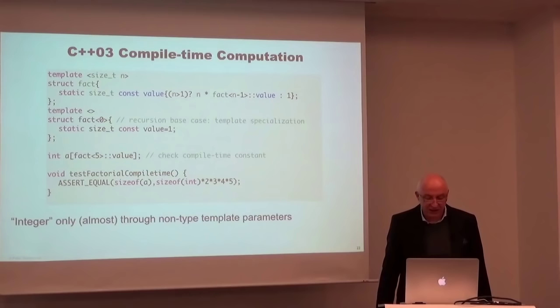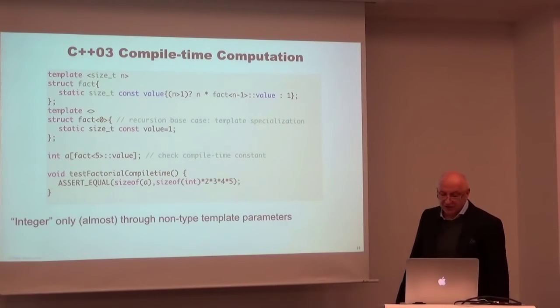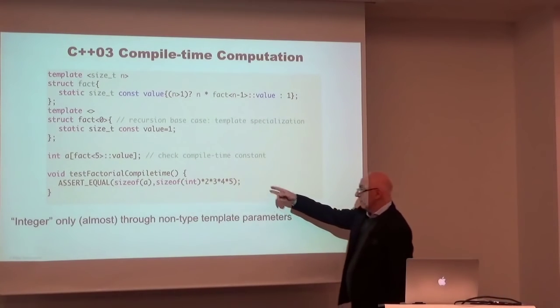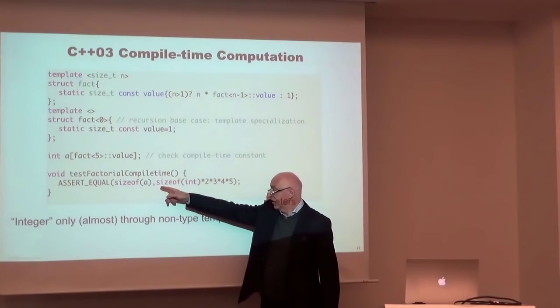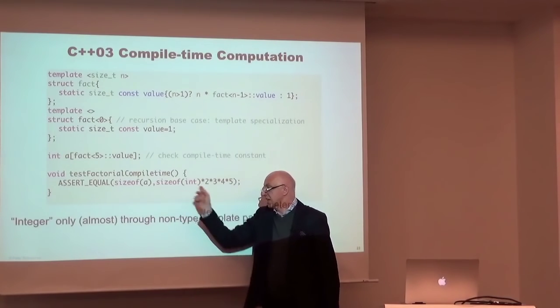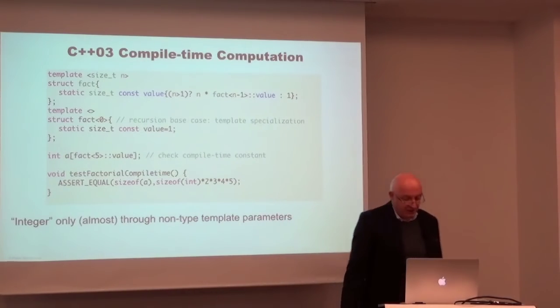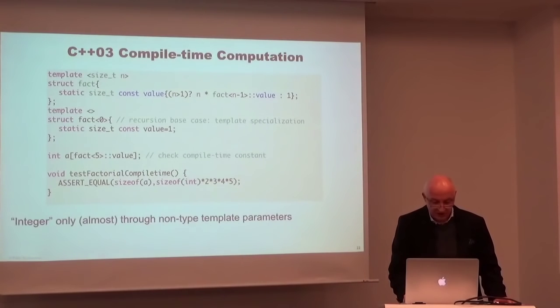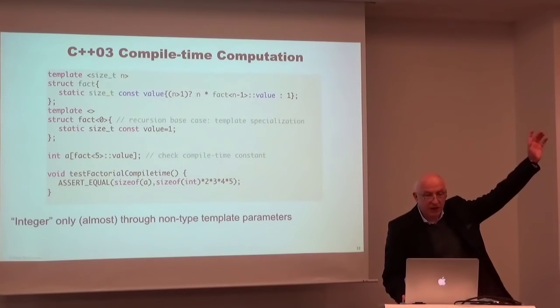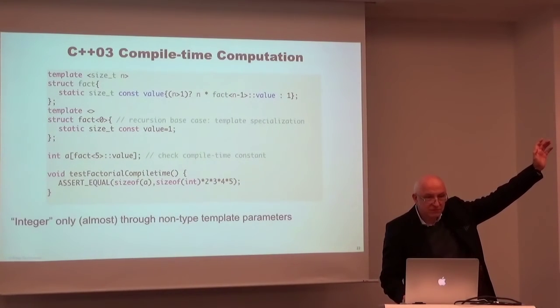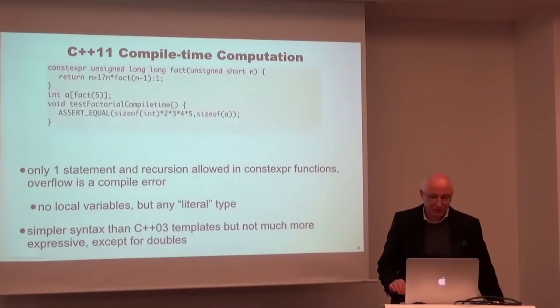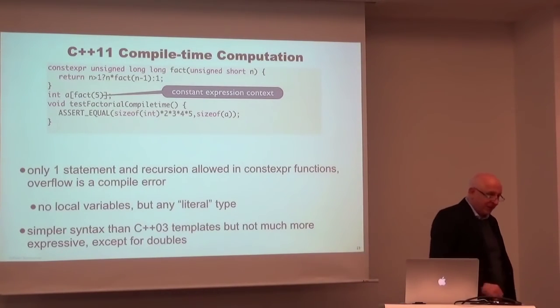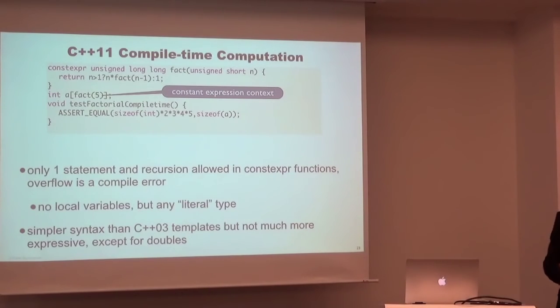That's a problem here. And well, this is C++03, therefore I didn't check the value, I just check indirectly the size, if that's correctly computed. So it should be whatever factorial of 5 is. Anybody done this? All template metaprogrammers, cool.